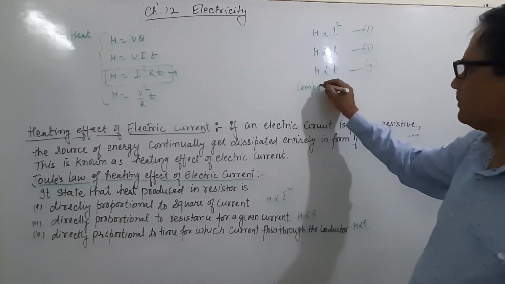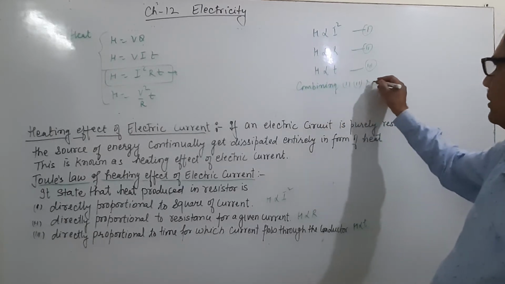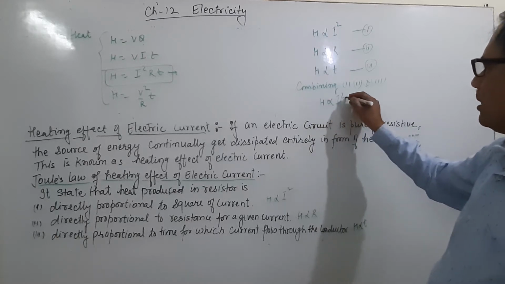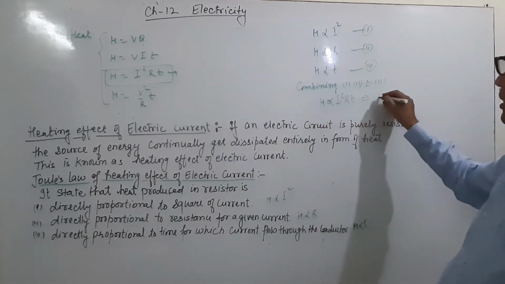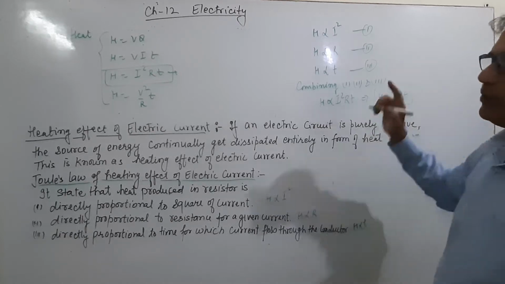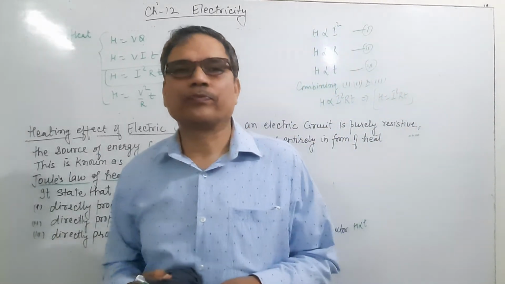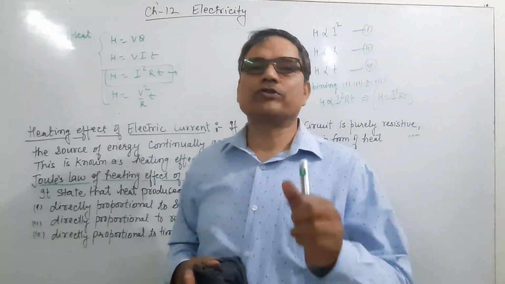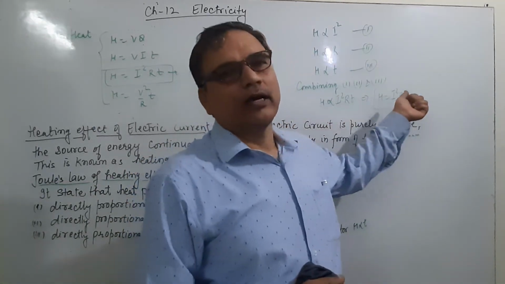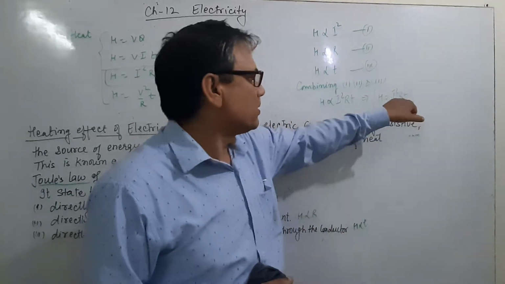Combining 1, 2 and 3 gives H proportional to I square R T, and this becomes H equals I square R T. When we remove the proportionality sign, we introduce a constant, and the value of that constant is 1. Therefore, according to Joule's law of heating, heat is equal to I square R T.